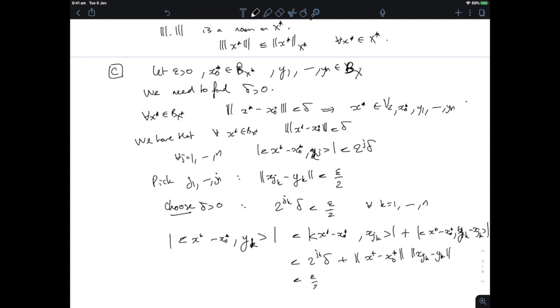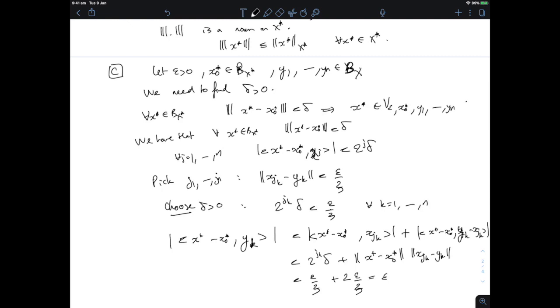So this is smaller than epsilon over 2 plus 2 times the norm of xjk minus yk, which is also epsilon over 2, and that gives me 3 epsilon over 2, which is not what I wanted. So I need to pick that smaller than epsilon over 3. And now this whole thing is equal to epsilon.